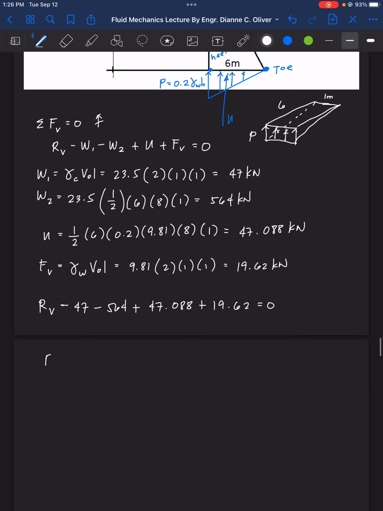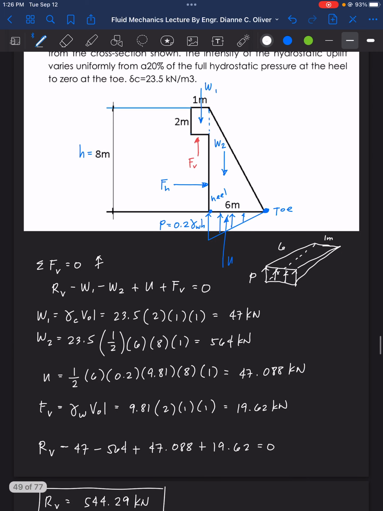So RB is equal to 544.29 kilonewton. Okay, so that's number 4.